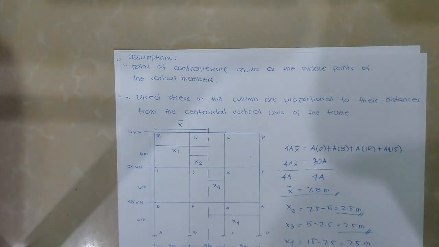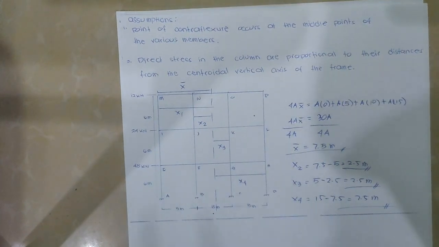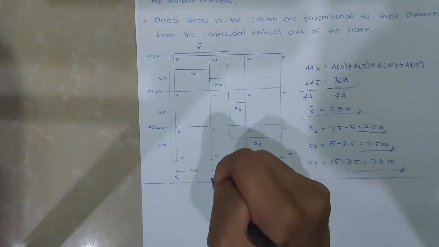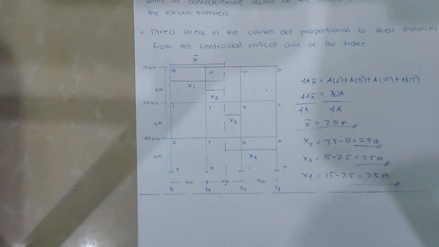So according to our second assumption, for column A, or let's say this column here, let's denote the forces as V1, V2, V3, and V4.